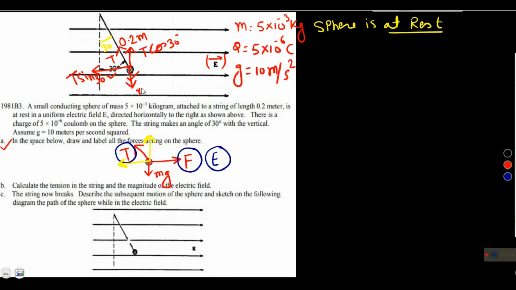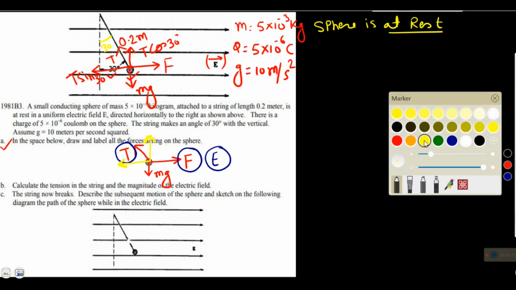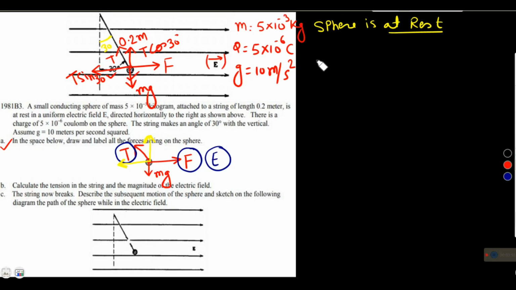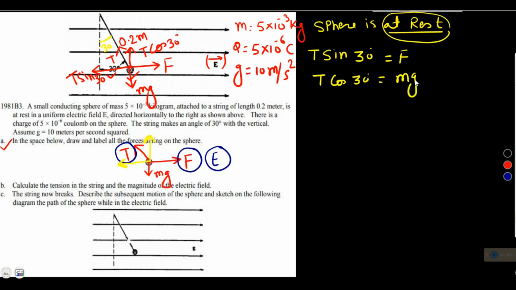Its mg will be downward and the electrostatic force will be in this direction, right? So we can write equations. Since the sphere is at rest, we can write T sin 30 should be equal to F, right? Similarly, T cos 30 should be equal to mg, right?